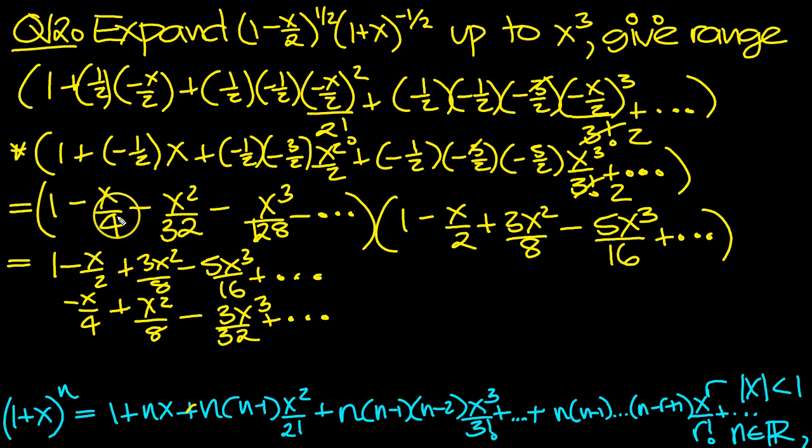So there's the x over 4 multiplied through. Now we multiply through the minus x squared over 32 times 1. Minus x squared over 32 times the 1 here. Then we've got minus x times a minus is a plus x cubed over 64.